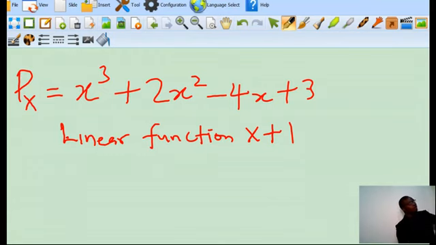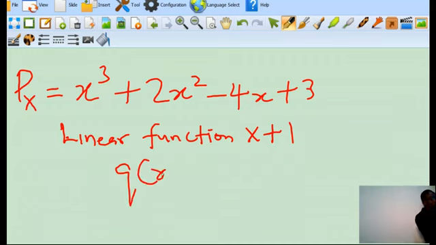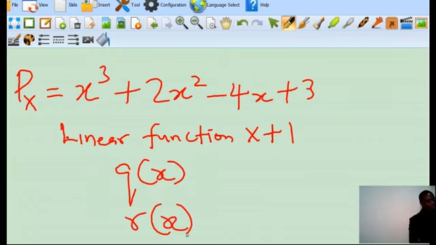Now, if we divide this polynomial function p(x) equals x cubed plus 2x squared minus 4x plus 3 by x plus 1, at the end of the day we get factors remaining: q(x), which is the quotient, and the remainder, which is r(x). This q(x) will be the remaining factors when this polynomial function is divided by the linear function, and r(x) is the remaining number.